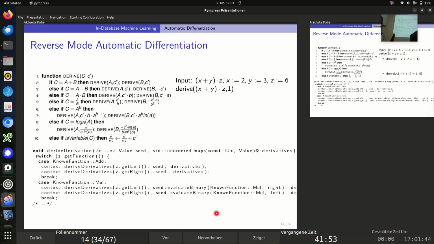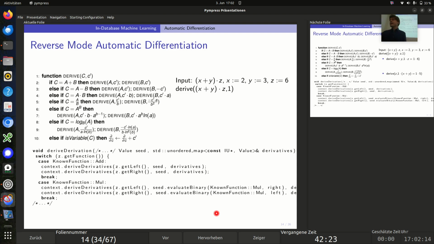If you ever want to implement automatic differentiation, and by the way, reverse mode automatic differentiation is basically the foundation for backpropagation in neural networks, because what you do in reverse mode is the same technique as you use for backpropagation of neural networks, just using more complex functions. So this is the blueprint for implementing automatic differentiation.